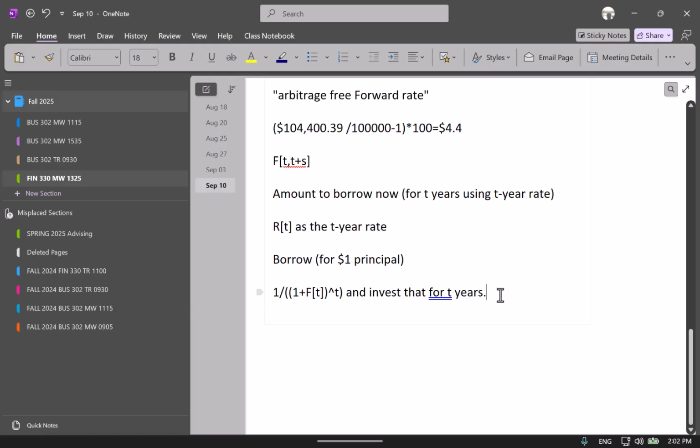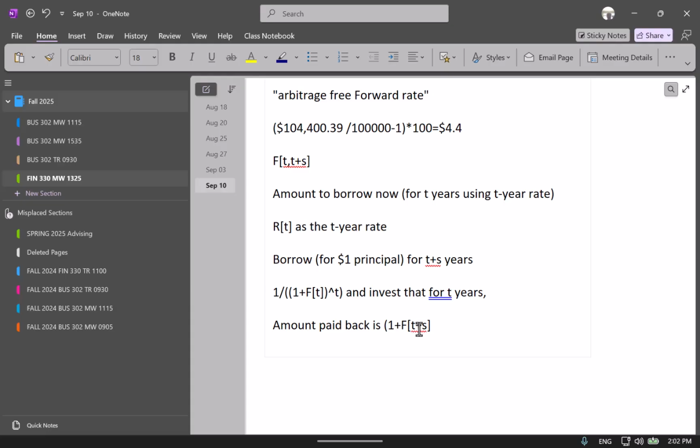Oh, I'm sorry. So amount paid back is 1 plus f t plus s raised to the power t plus s, actually divided by that.